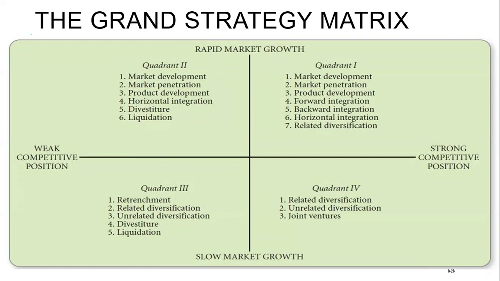Then the third quadrant also exhibits the degree to which a given product or business unit of an organization is currently experiencing a weak competitive position and at the same time, a slow market growth.